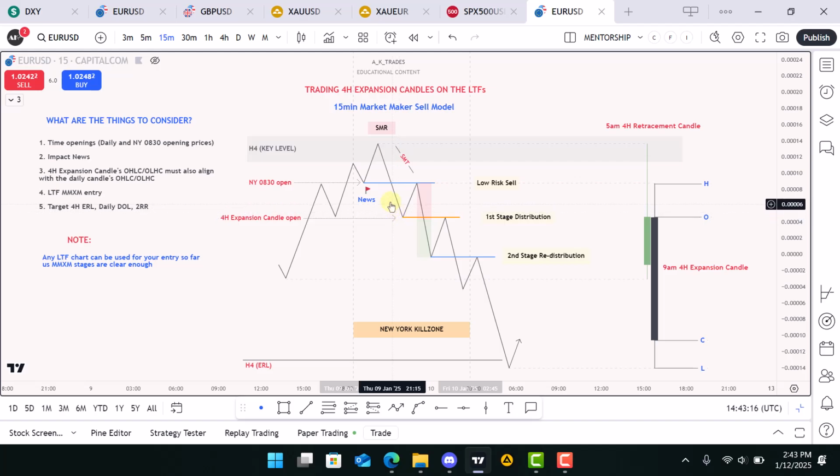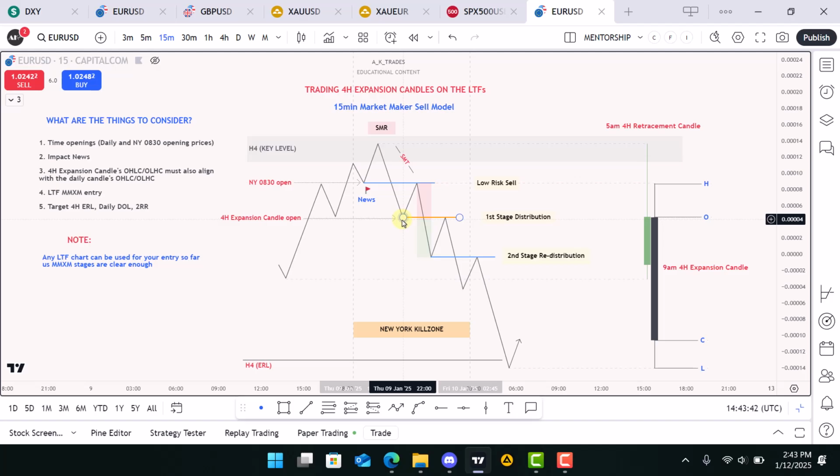So prior to the news event, we can see that the New York 8:30 open candle was here. It opened right here, and then with the help of the news event, it was able to reach this buy side liquidity into the 4-hour key level, and then caused a change in state of delivery. We understand very clearly here.